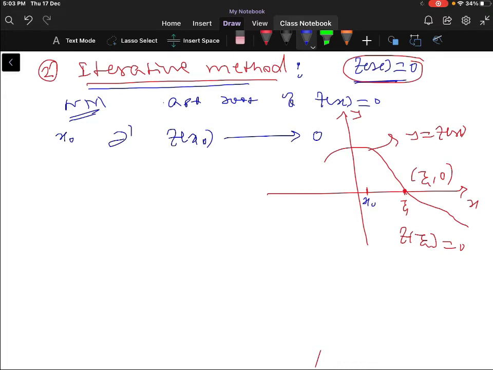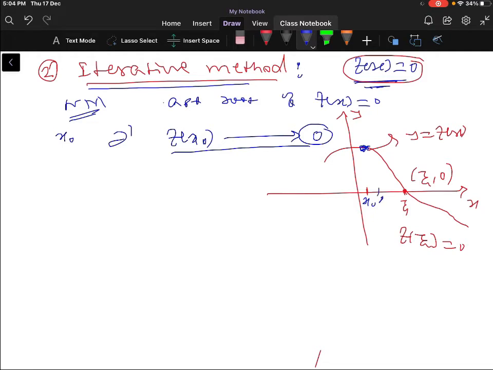For x equal to x naught, you can see that f of x naught is this point. Always while assuming the initial value, you take an initial value x naught such that f of x naught is close to 0. We can construct the better approximation root of the equation f of x equal to 0.